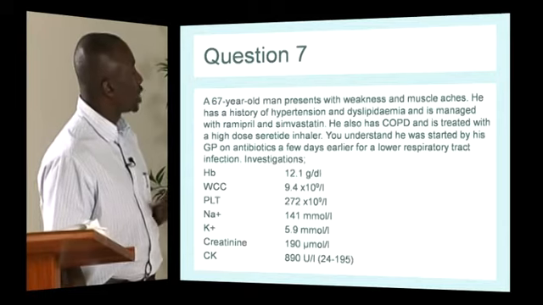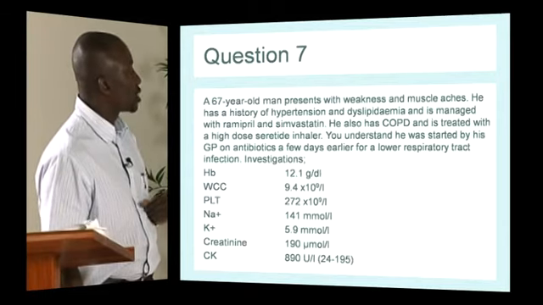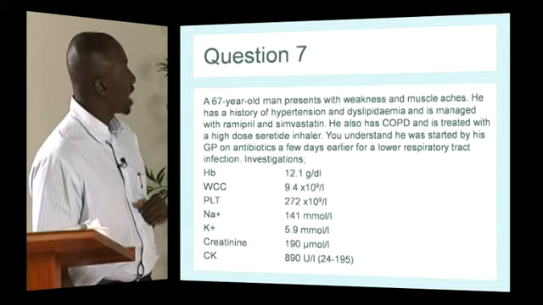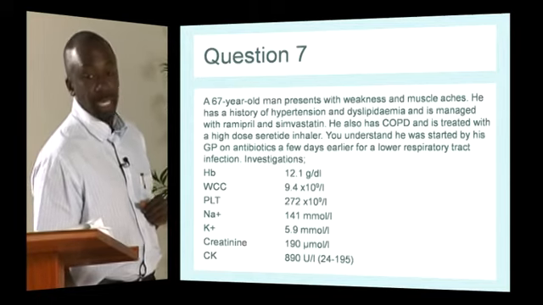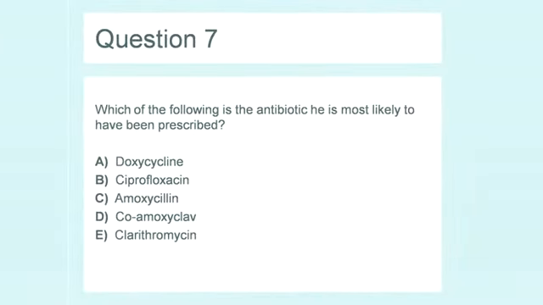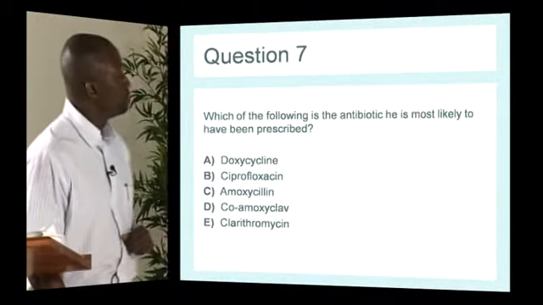So he has a normal Hb, white cell count and platelets, sodium 141, potassium 5.9, creatinine 190, and a creatinine kinase of 890. Which of the following is the antibiotic he is most likely to have been prescribed?